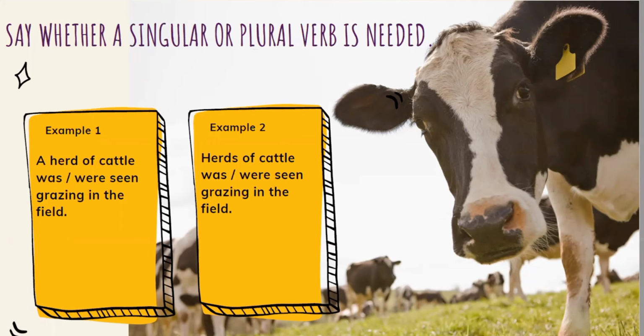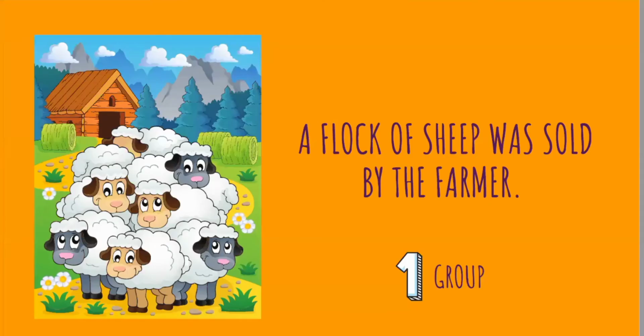A herd of cattle, one herd, one group of cattle. In example 2, we have herds of cattle. That tells us that there's more than one group. So in the first instance, a herd of cattle was, because it's one group of animals. Whereas in the second instance, we have more than one group of animals. So herds of cattle were seen grazing in the fields.